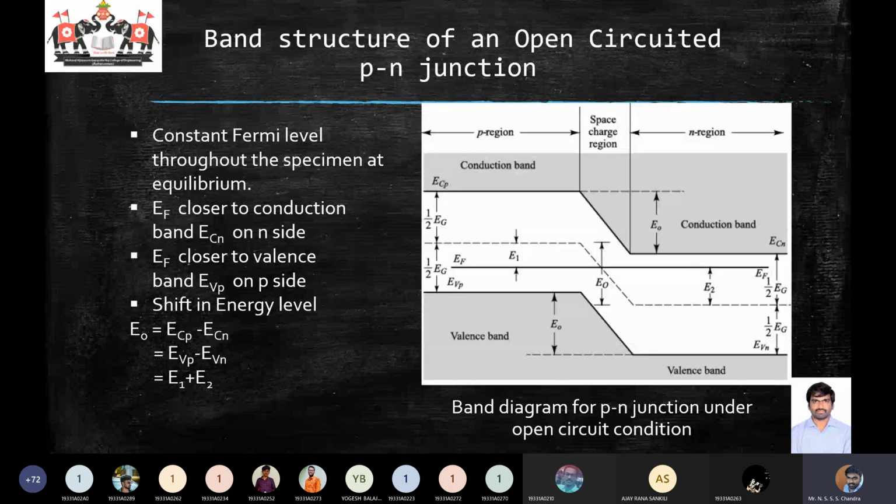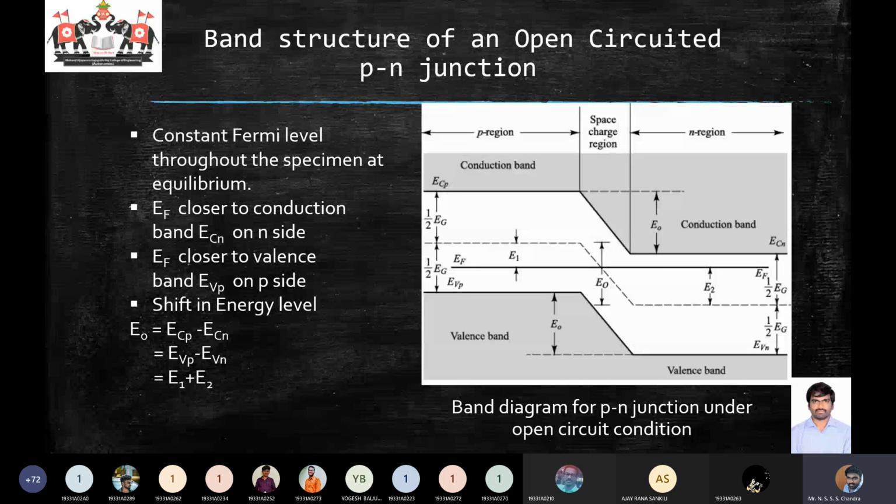So in this diagram, we have already known that in the N type region, the Fermi energy level will be close to the conduction band. That's why we have written ECN very close to the EF. And we also know that in the P type region, the Fermi energy level is close to the valence band.